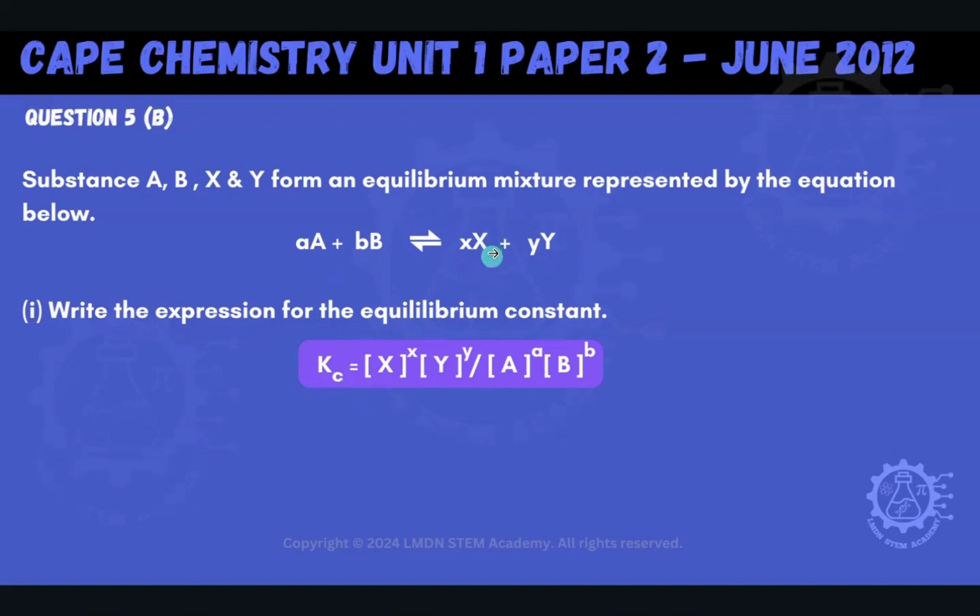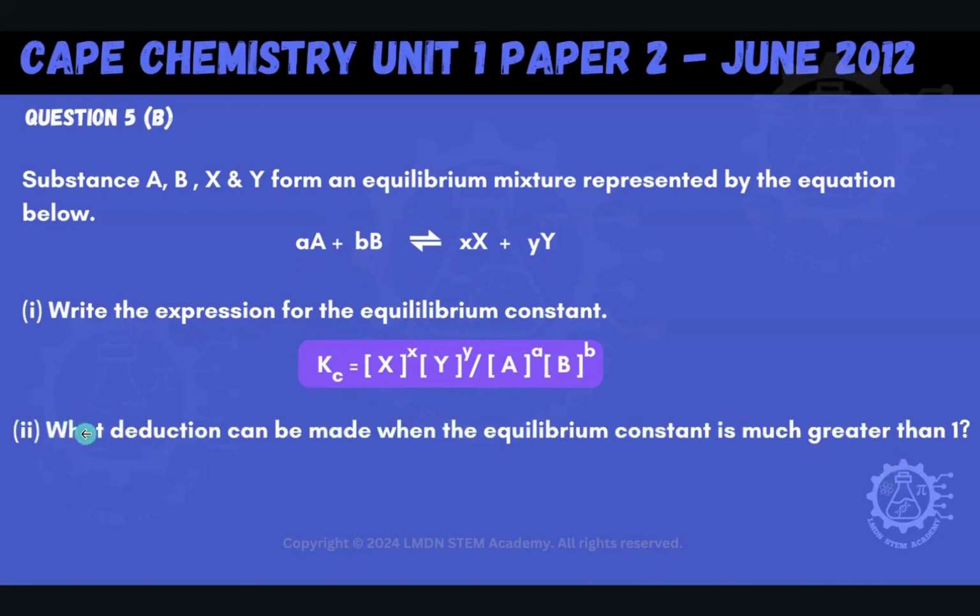I'm going to write my products raised to their stoichiometric coefficients on the top. So I write [X] raised to x times [Y] raised to y, and that's my top. And then in the denominator, I'm going to have my reactants raised to their respective stoichiometric coefficients. So that would be [A] raised to a, [B] raised to b, and together, that's the expression for my equilibrium constant.